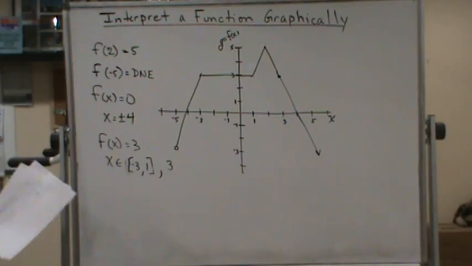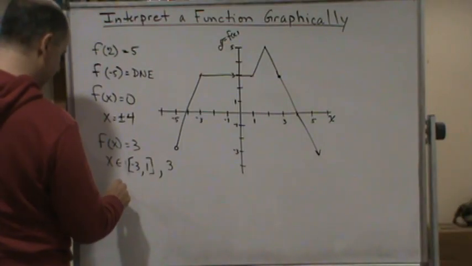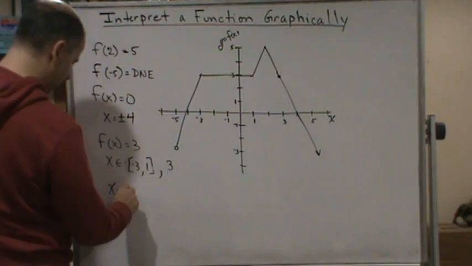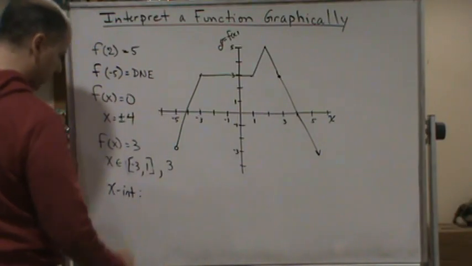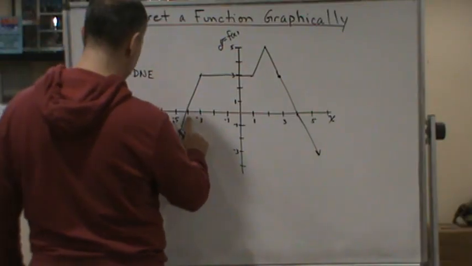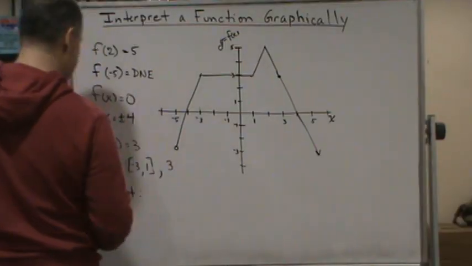Okay, now, what about the x-intercepts? Are there any x-intercepts, and what are they? Well, there might be 1 or 2 or 3. So let's look at x-intercepts. So where does it cross the x-axis? So we found that the x-intercept is plus or minus 4.